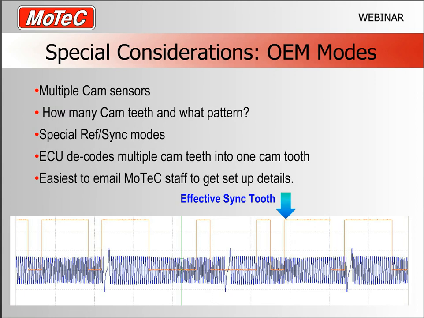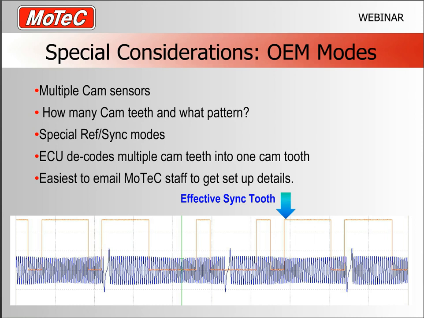For what we call OEM modes, things are a little bit different, and this is where you might need a bit more help from the Motec staff. What we consider OEM modes are modes where the crank and cam trigger patterns don't really follow any conventional rules.